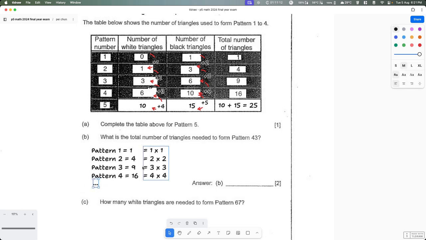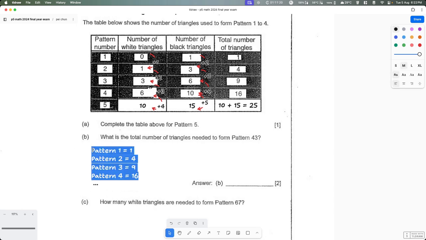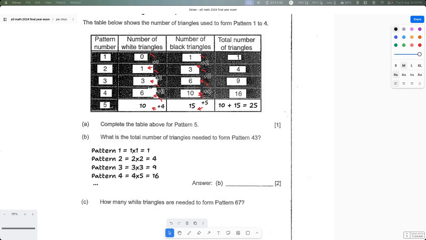I'll put a dot dot dot. Let me quickly do this. So now you know the pattern. Pattern 43 is basically, we don't times 5, it's 43 times 43.